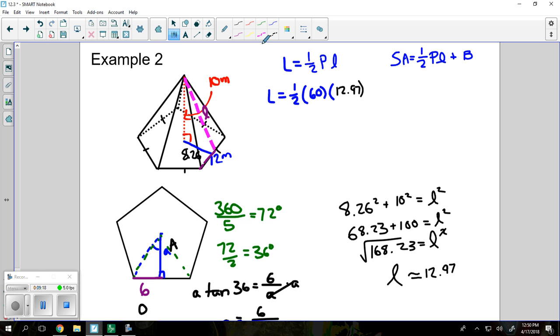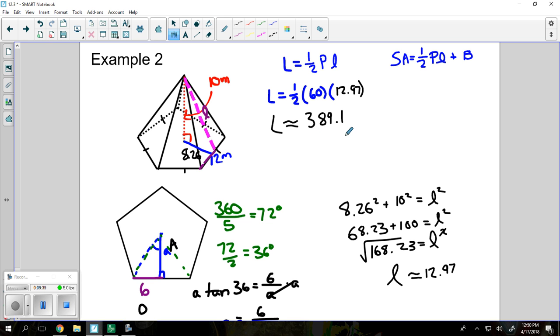So evaluating it, a half times 60 times our 12.97. I'm getting approximately, double checking I typed it in right, looks good, 389.1.